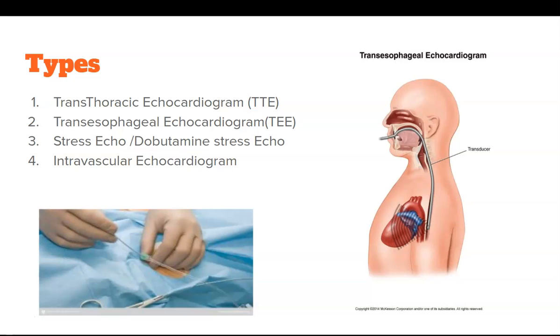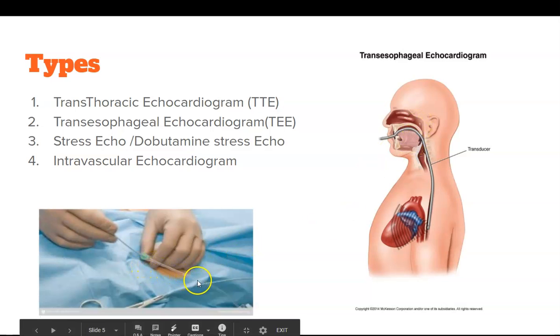The next one is intravascular echocardiogram. What they do is, when you are doing an angiogram, they introduce the same probe, like this transducer, through a vein or an artery. Usually they introduce it through the vein.